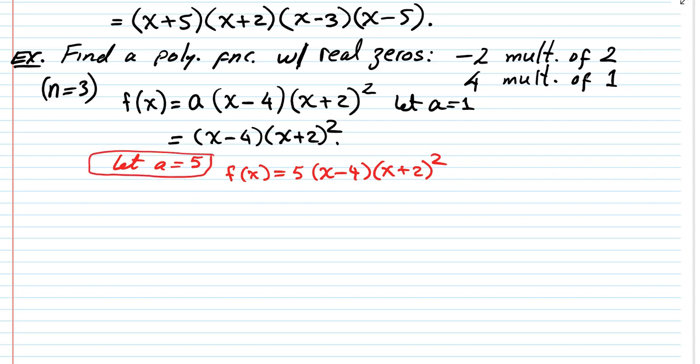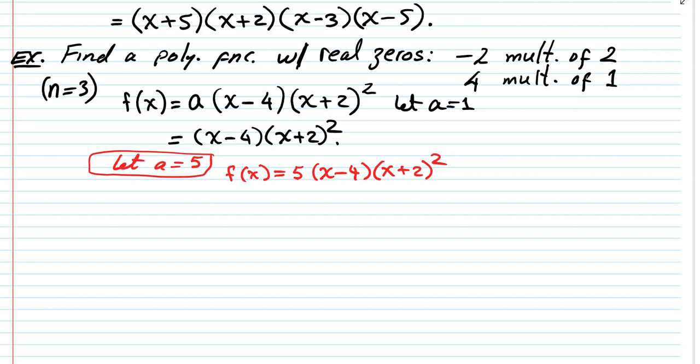If you let a be 1000, then this number in front will be 1000. But all of these polynomials, regardless of the leading coefficient, will have the same x-intercept. The y values will be different elsewhere, but at the x-intercept, they all will have y that is 0.